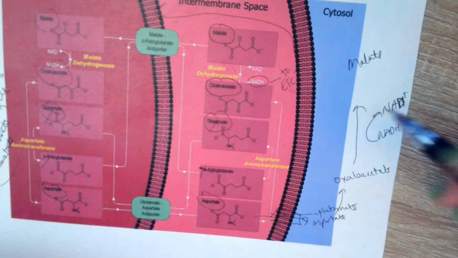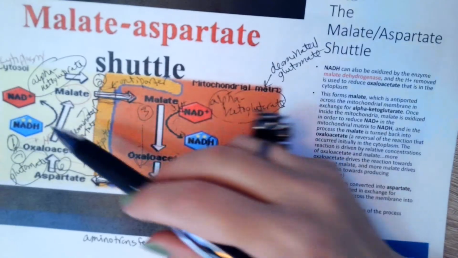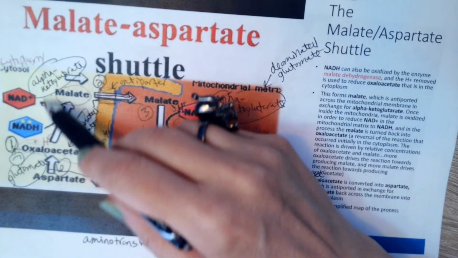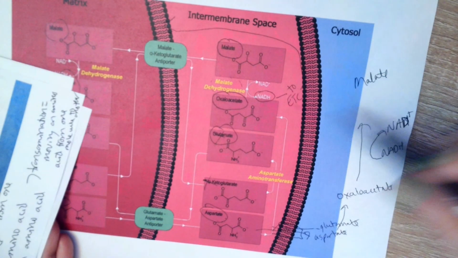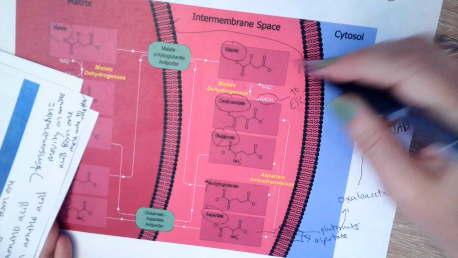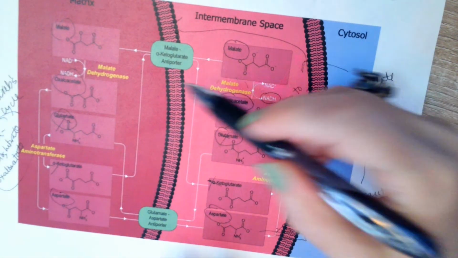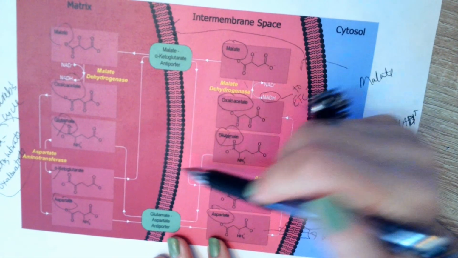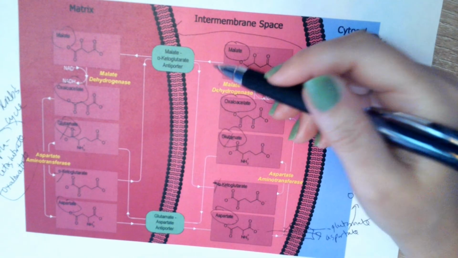So what we saw here, the circle, we're getting that NADH, the hydrogen from it, and taking it into the mitochondria. That's happening right here. Okay, so here's that circle. And then here we go into the matrix as well. Okay, so it's the same thing, the same way.